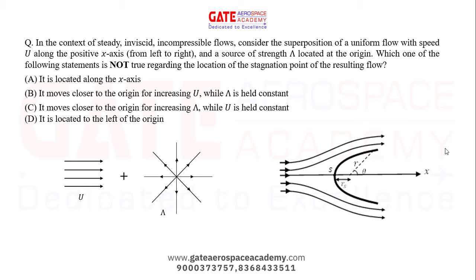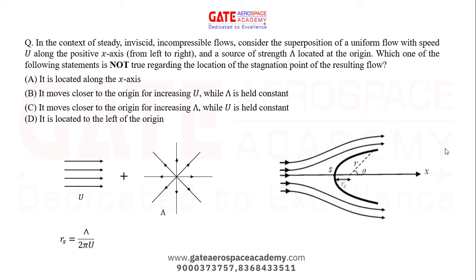Now option B is it moves closer to the origin for increasing u while lambda is held constant. So what is the formula to calculate stagnation point from the origin? We have derived in the class and we got Rs, stagnation point location, is equal to lambda divided by 2 pi u, right?